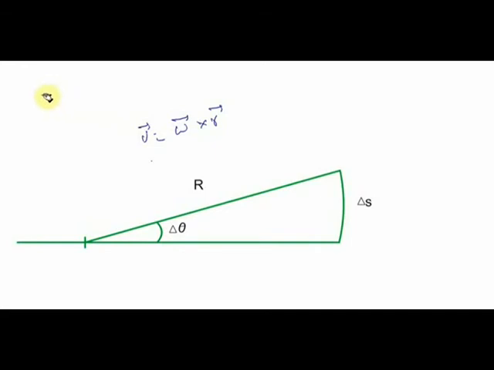So we'll denote the direction which is coming out of the plane as this, and the direction which is going into the plane we will denote by this figure. So suppose at this point the object is moving in anti-clockwise direction, so the direction of omega would be this, and the direction of radius vector r would be radially outwards. So the direction of tangential velocity v would be perpendicular to both omega and r.